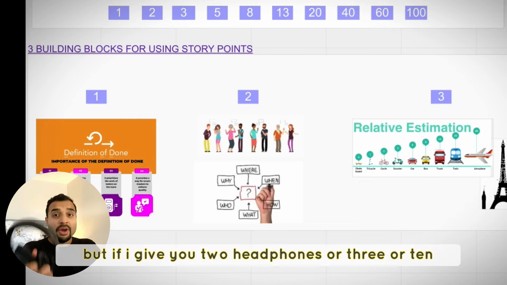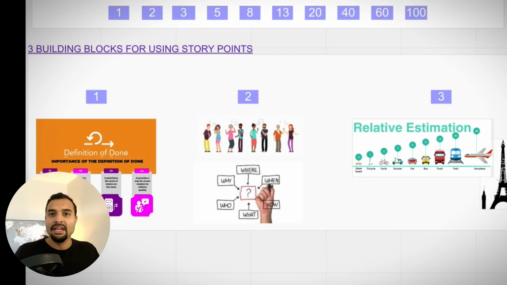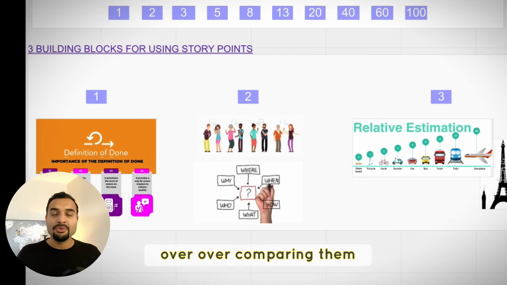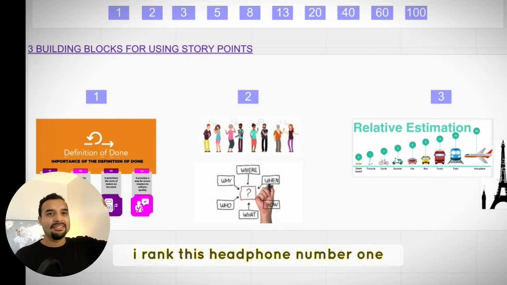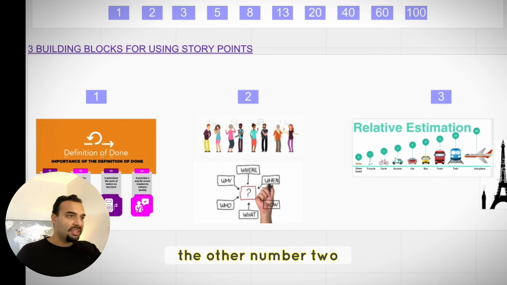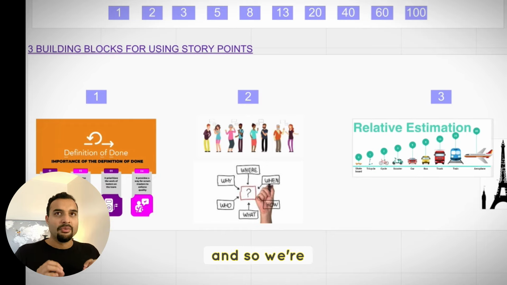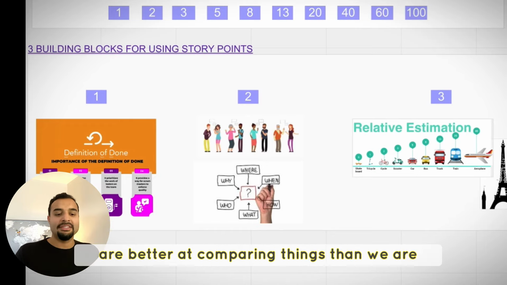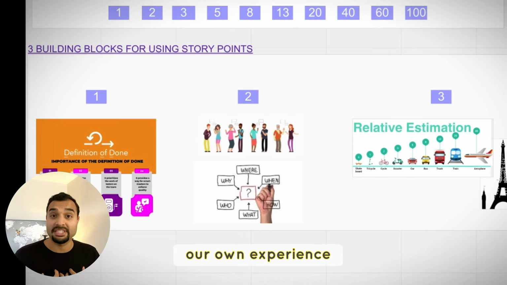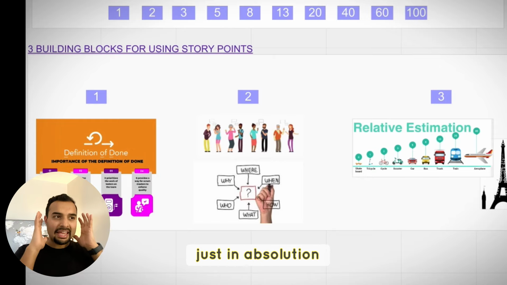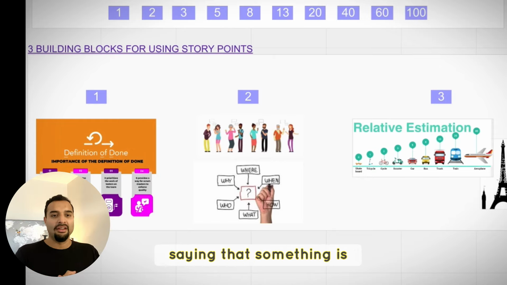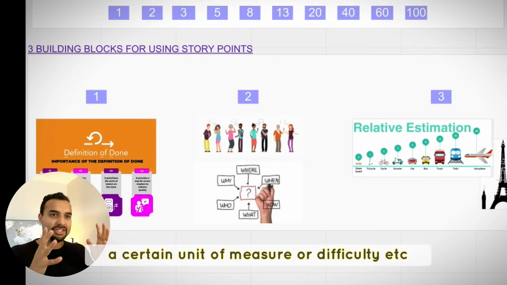But if I gave you two headphones, or three, or 10, by comparing them you would be able to say, I rank this headphone number one, the other number two, number three, number four, etc. As human beings, we are better at comparing things, especially against our own experience, than at saying in absolute terms that something is a certain unit of measure or difficulty.